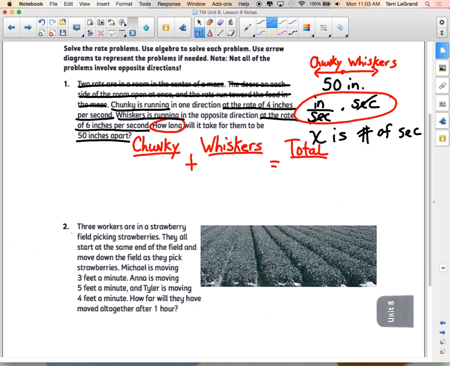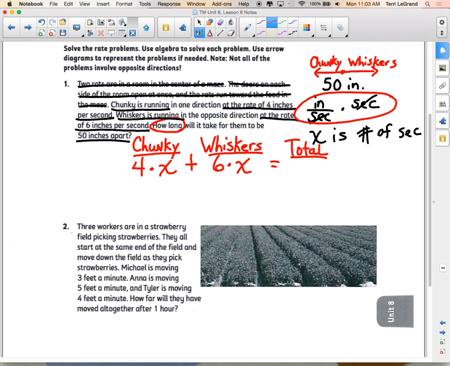So what would we do for Chunky? Sam? 4 times x. Chunky's running at a rate of 4 inches per second, and he's going to run for x seconds. We just don't know how long that is yet. What are we going to write for Whiskers? Class? 6 times x. Oh, it seems like Whiskers might be a little bit faster, huh?